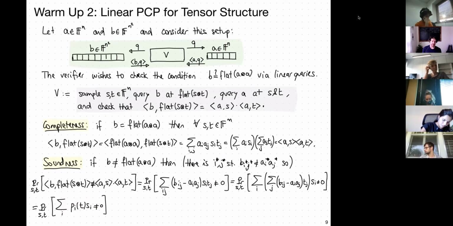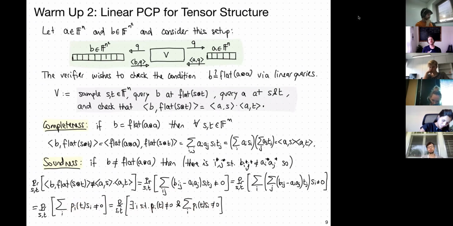And why do I do this? Because then I can say that the probability that this whole expression is not equal to 0 is just the probability that there exists one location, one point I, such that P_i of T is not 0, and P_i of T at S is not 0.